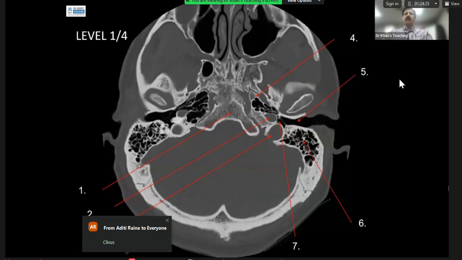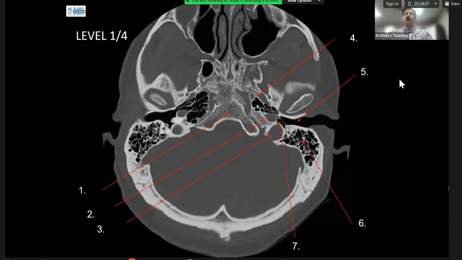Number 3, what is this? Excellent. Then number 4. If you see here, just to highlight that this structure is partly aerated. And look at this side. You remember the one which I showed you before did not have air cells.